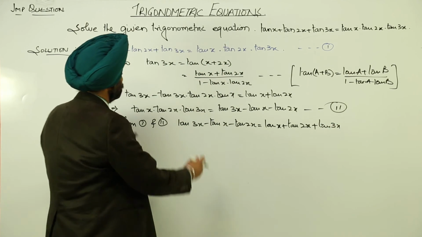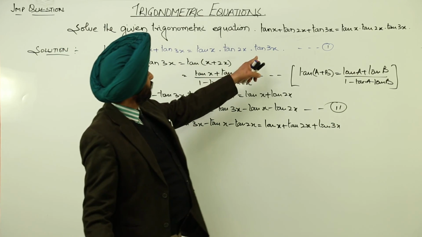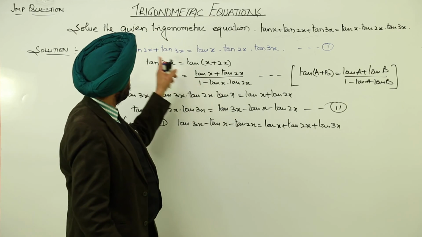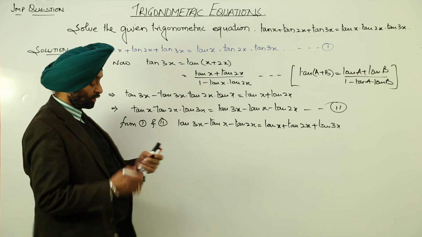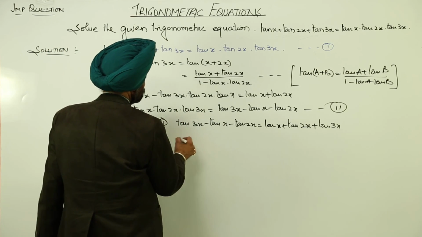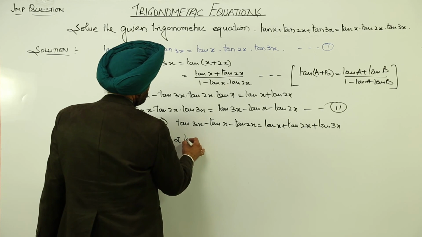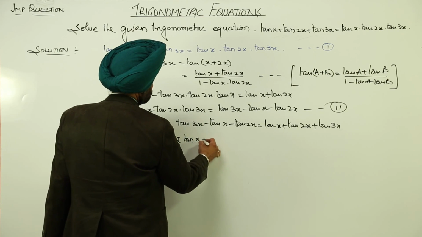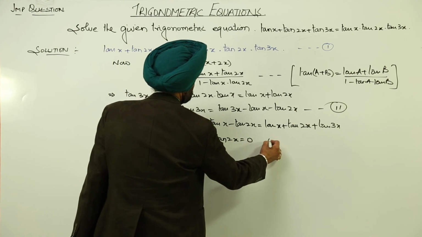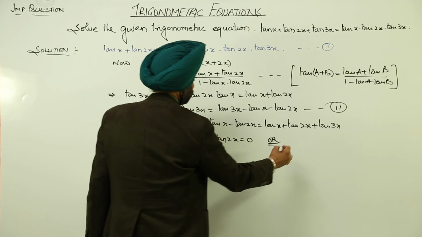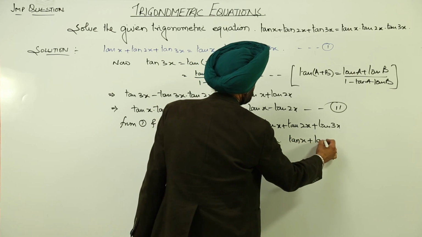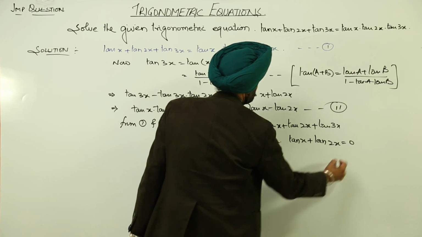Now in place of this part in equation 1, I have written here and then we have compared these two. So what result are we having now? We are having 2 tan x plus 2 tan 2x is equal to 0, or tan x plus tan 2x is equal to 0.